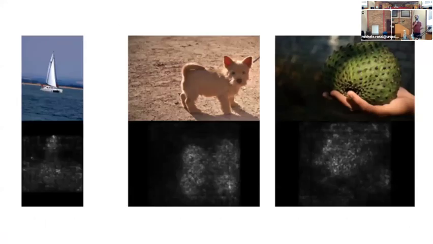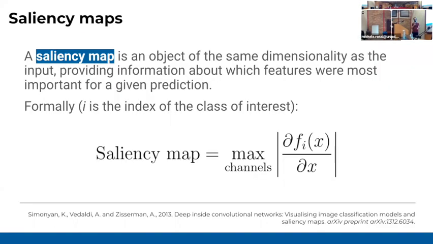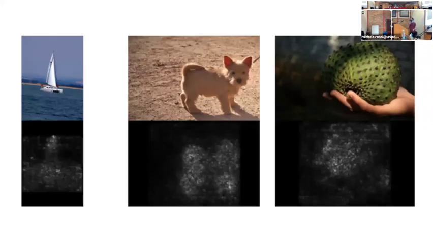And this is the kind of result you get. You take the image, you just compute this, again, one line of code, and you plot the absolute value, and in principle, it should highlight the salient regions of the image.